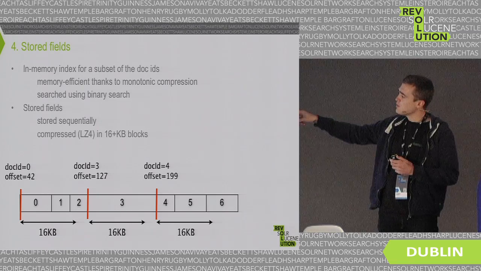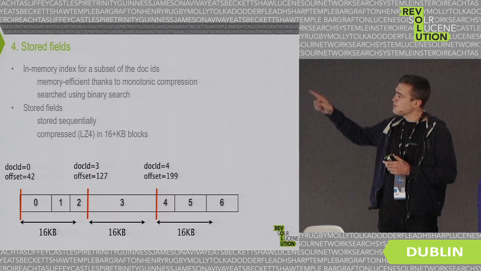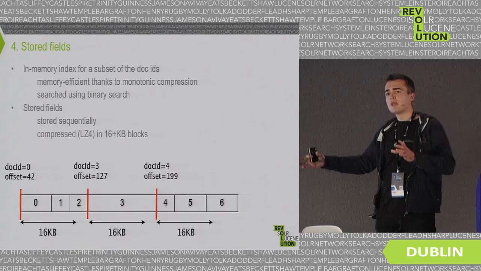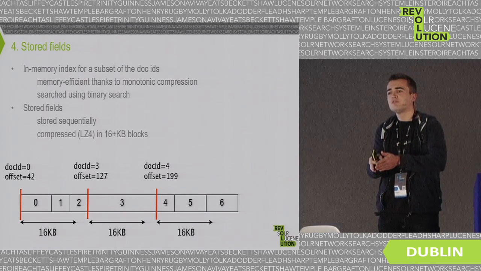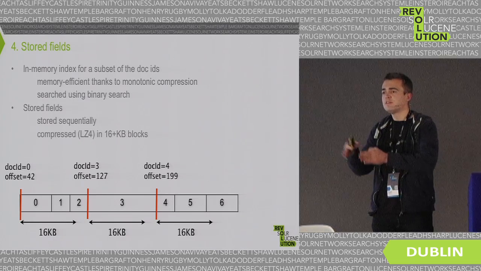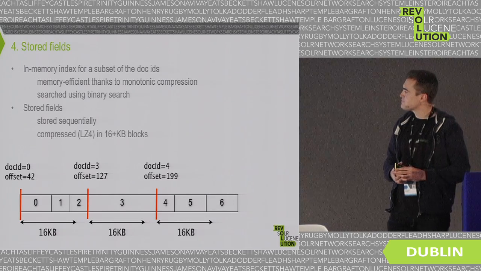Then it is stored at offset 42, so you go to offset 42 and decompress the block. Inside each block, there is a mini index at the beginning, which tells you where data for a specific document starts. And this is how you get stored field information for a single document.